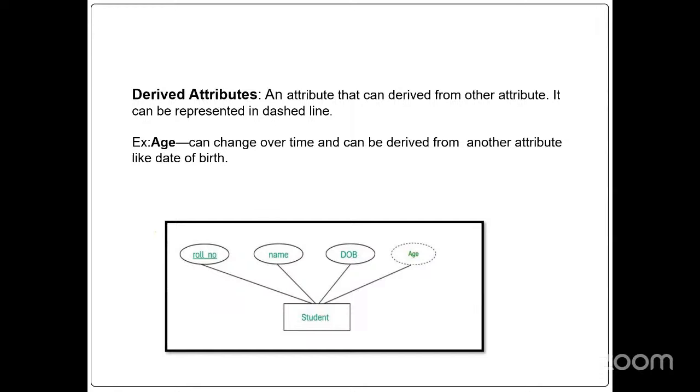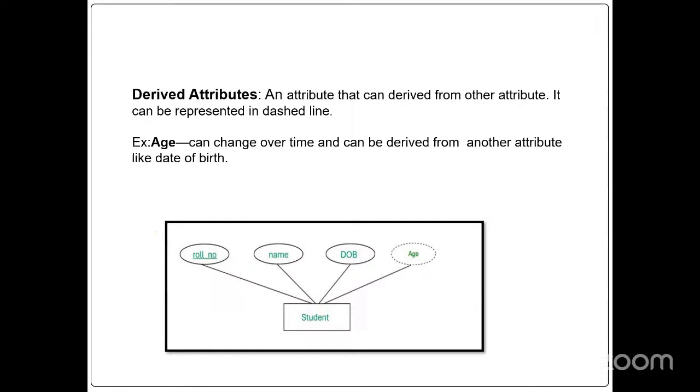If you observe age, from date of birth we can generate age, isn't it? Yes or no? Here it is dependent. Age is dependent on date of birth. Based on the date of birth only, age will be calculated, isn't it? So this we call a derived attribute. What is a derived attribute?